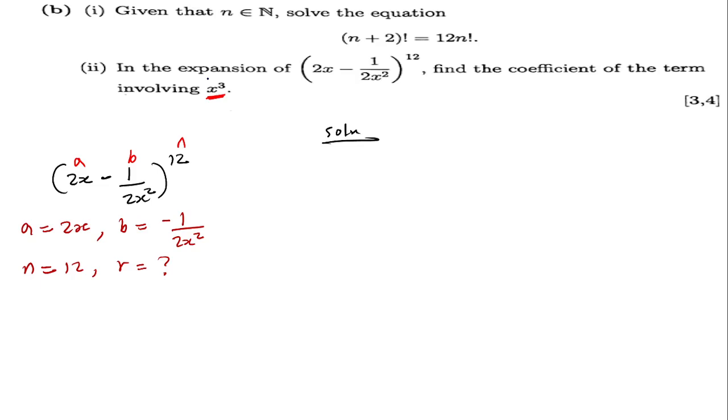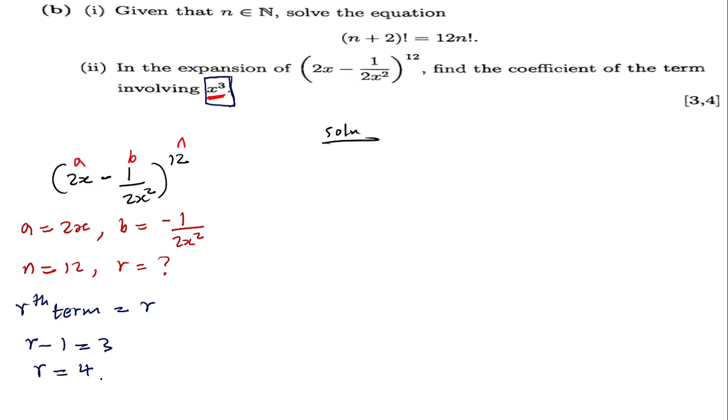Since we are looking for a term that is having that particular guy there, so the rth term, we can simply say is equal to r. So we are going to say r minus 1 should be equal to 3. So r is just a 4.